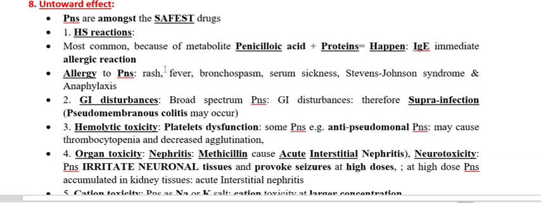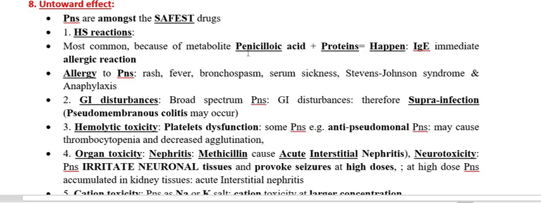These allergic reactions are rash, fever, bronchospasm, serum sickness, Stevens-Johnson syndrome, and anaphylaxis. So this is the main and important side effect of penicillin.